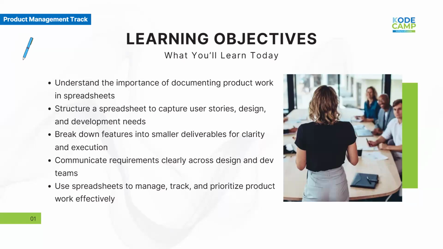And finally, you should be able to track each piece of work properly, based on progress, based on to-do, and so on. We're going to walk through some real examples, and we're also going to build one spreadsheet together by the end so that you'll be able to do it yourself after now.